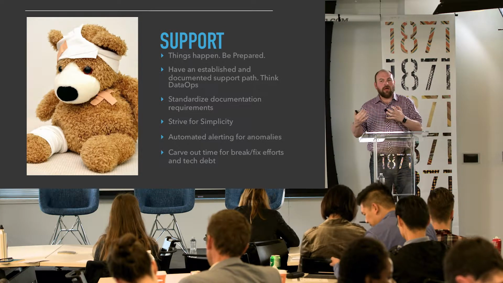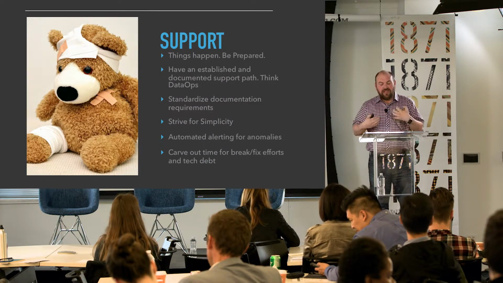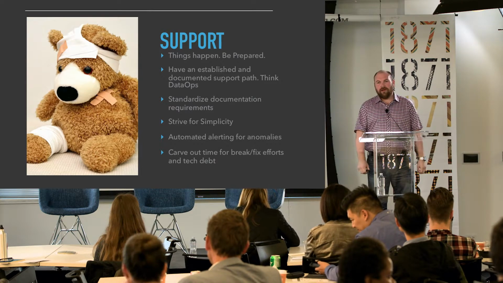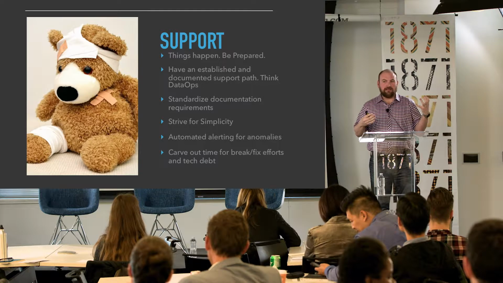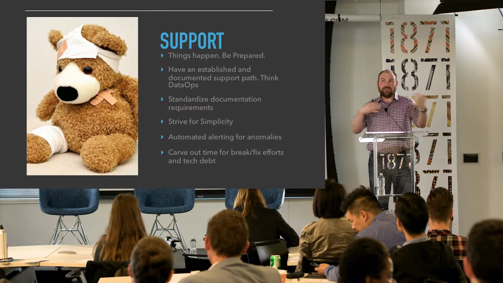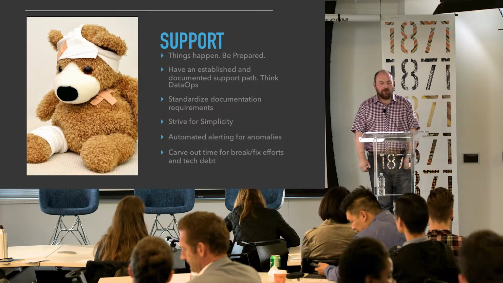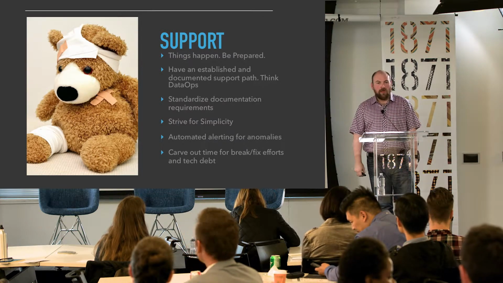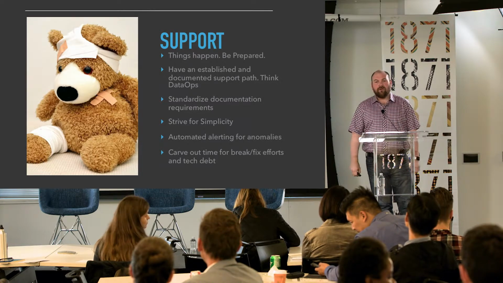And the more simple of a process you create, the easier it is to support in the long run, especially, let's say, someone leaves the company. Data science talent is very much in motion all the time. So people come in, people come out, and we want to make sure that these models can be supported long down the road.